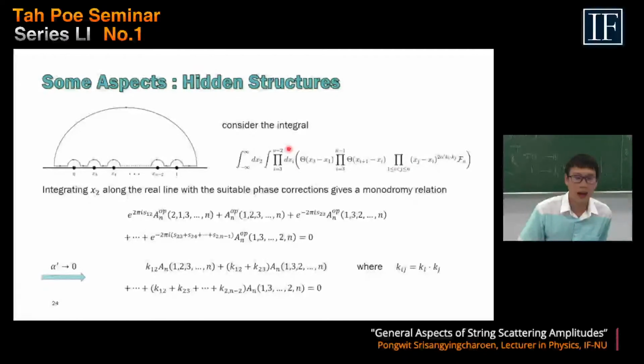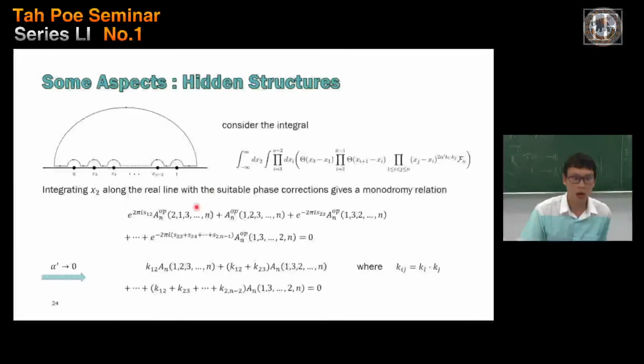In order to have the monodromy relation, you integrate one of the coordinates, I would say x_2, from minus infinity to infinity, but in order to integrate it, you need to implement a suitable phase correction to avoid the multi-valuedness of the integral.